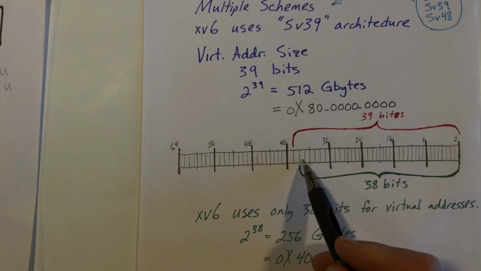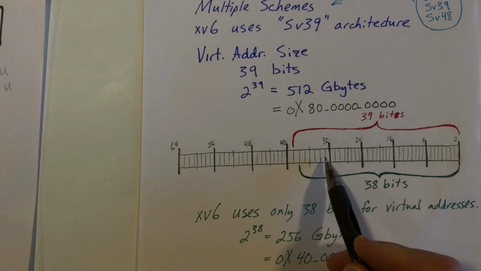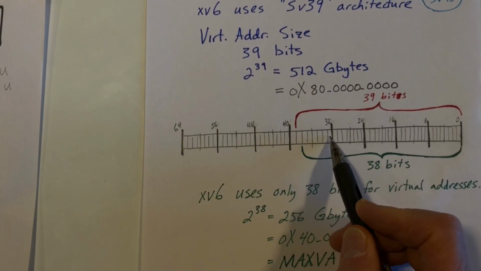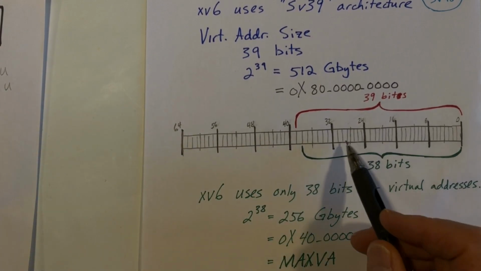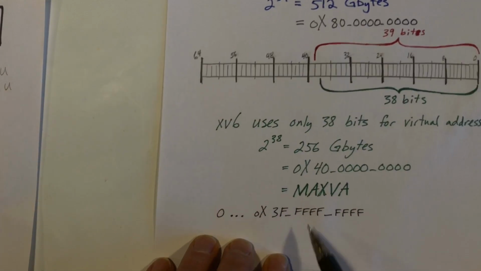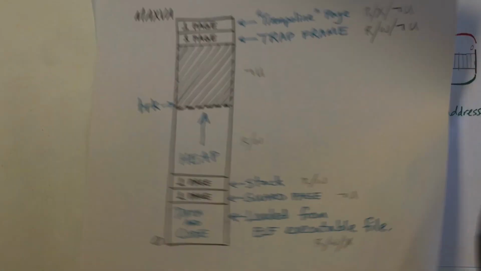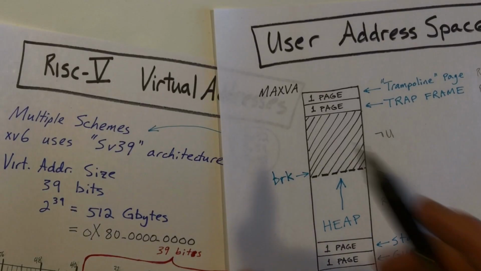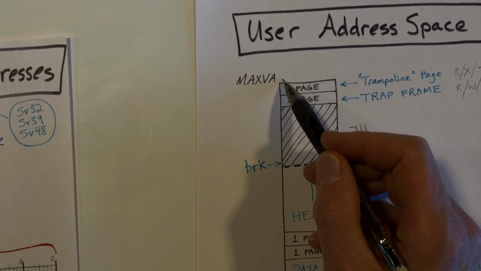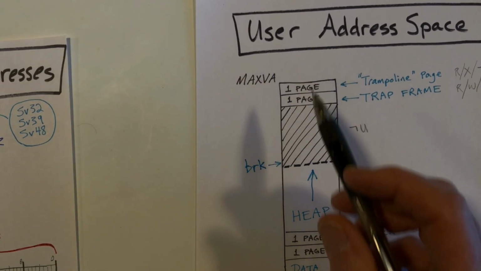That's 3 is 11, and then F is 1111. So 3F, 111111, and then FFF FFFF, and then FFFF. So our maximum address is this, and so the maximum virtual address here is actually the address of the byte just beyond our virtual address space.